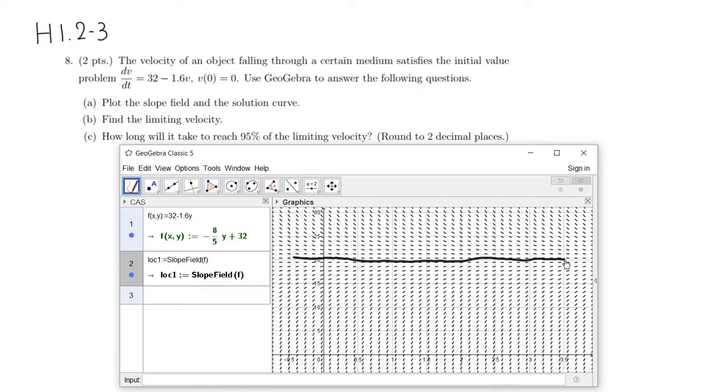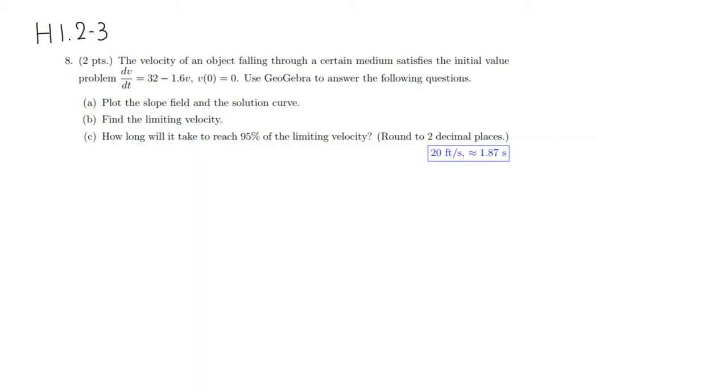What happens to the derivative is, you can see that all these tick marks are horizontal, so the derivative is going to be equal to 0. To find that, all you have to do is take the differential equation, dv over dt, which is given to be 32 minus 1.6v, and set that equal to 0, because at the limiting velocity the rate of change is 0.